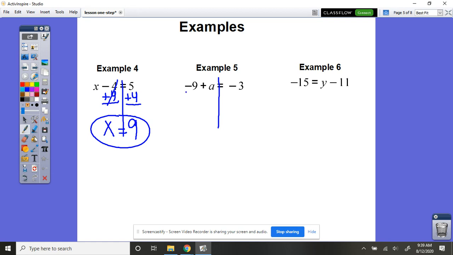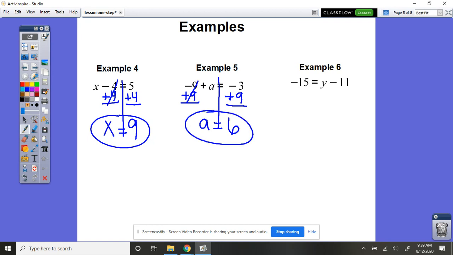So I'm going to add 9 to cancel that, which means I need to add 9 all the way on the right side of the problem. So I have negative 3 plus 9. Negative 3 plus 9 is 6. And on the left side, I have just my variable a left. A equals 6.